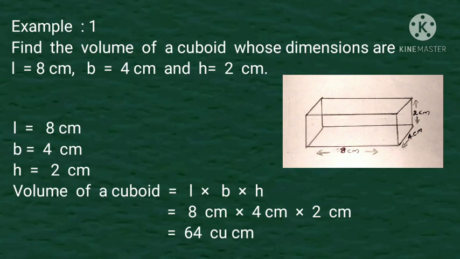So, volume of a cuboid is equal to L into B into H. That is 8 centimeter into 4 centimeter into 2 centimeter. 8 into 4, 32. 32 centimeter into 2 centimeter, 32 into 2, 64 cubic centimeter. Volume of a cuboid is equal to 64 cubic centimeter.